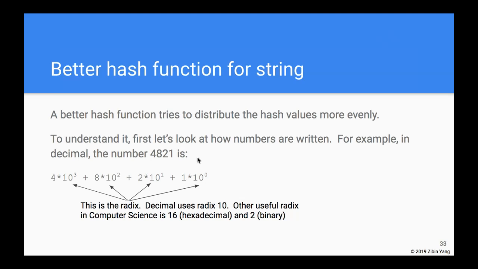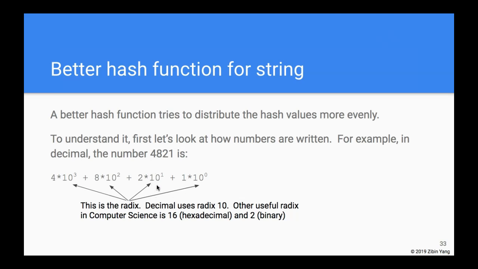To understand how it works, let's look at how numbers are written. In the system we're most familiar with, the decimal system, the number 4,821 is effectively 4 times 10 raised to the third power, plus 8 times 10 raised to the second power, plus 2 times 10 raised to the first power, plus 1, right?